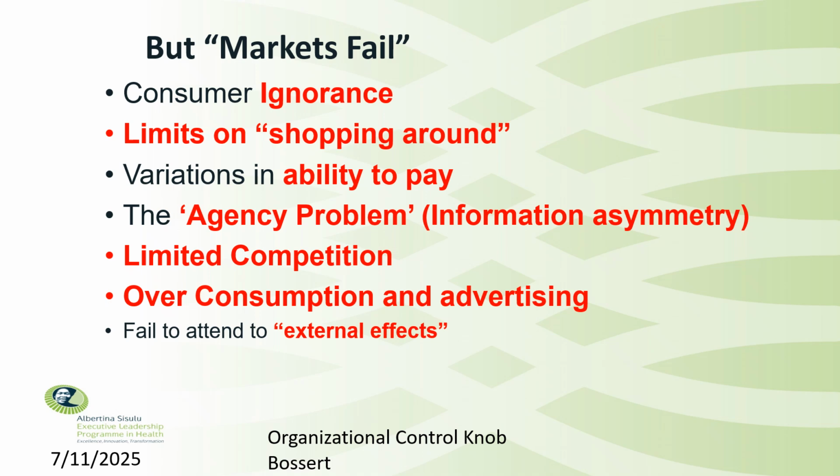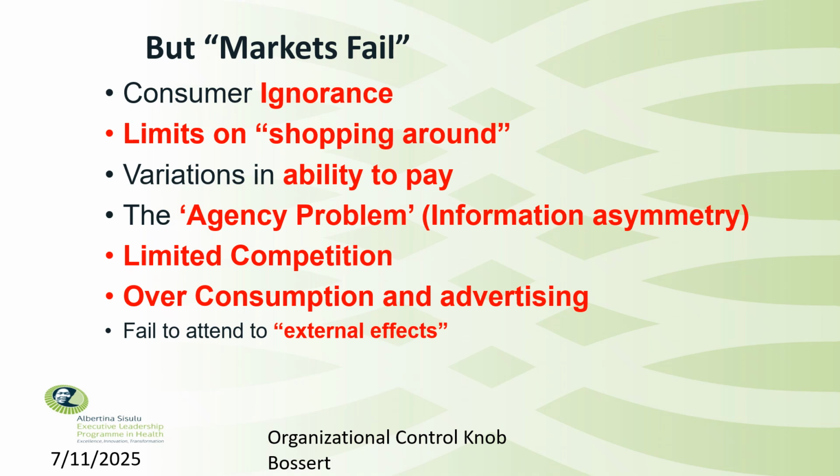So let's use again the example of pregnancy. The client just wants to have a safe pregnancy and deliver a healthy baby, and they're thinking of having a normal delivery. But they go and see an obstetrician and the obstetrician suddenly says, "Oh, you need a cesarean section." And the client has no idea whether a cesarean section is really needed or not because they don't have enough information to make that decision.